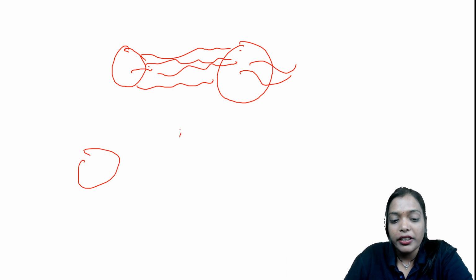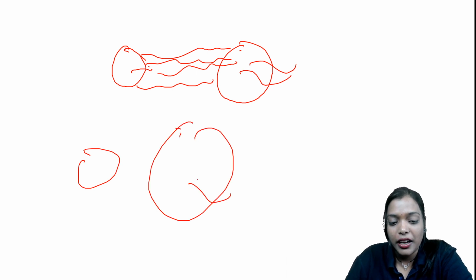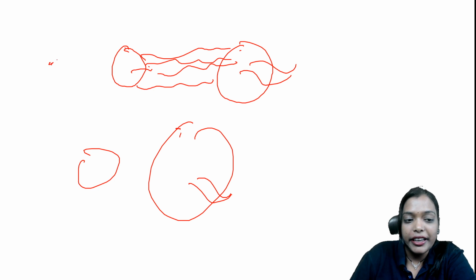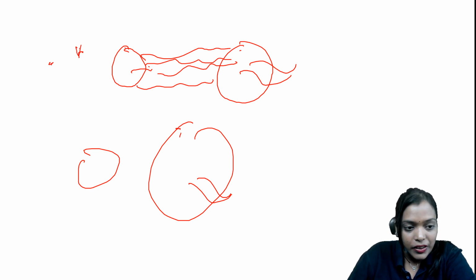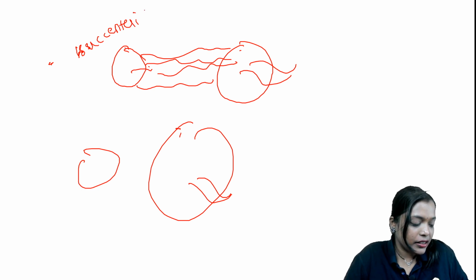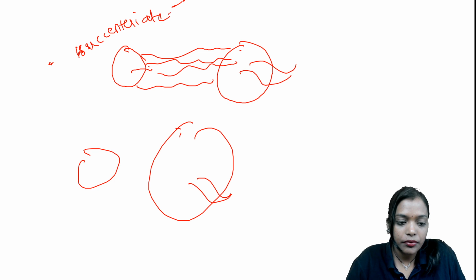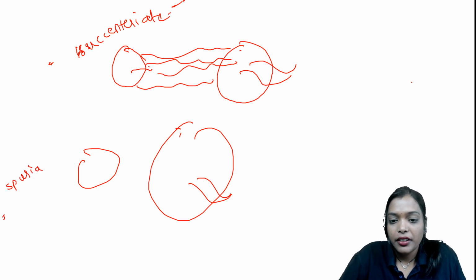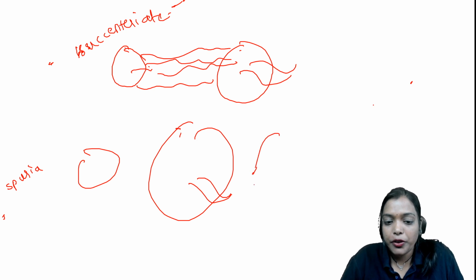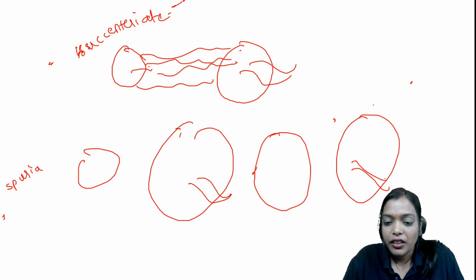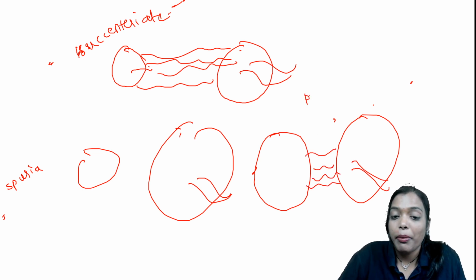In spuria, one cotyledon is separate from the entire placenta and they are not interconnected. Next, you have two equal halves of the placenta connected with each other. That is called placenta bilobata.